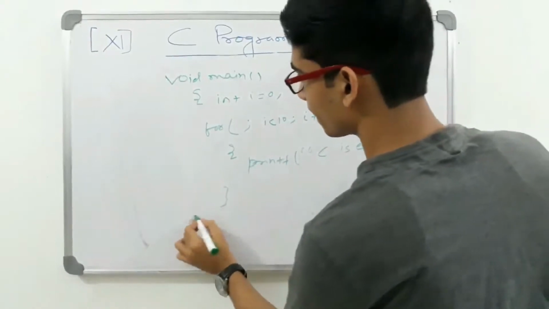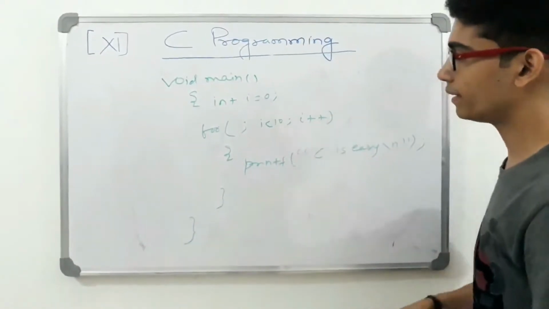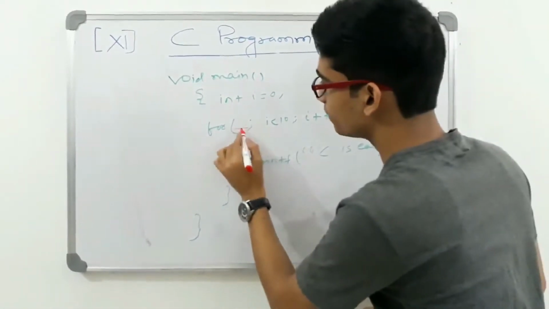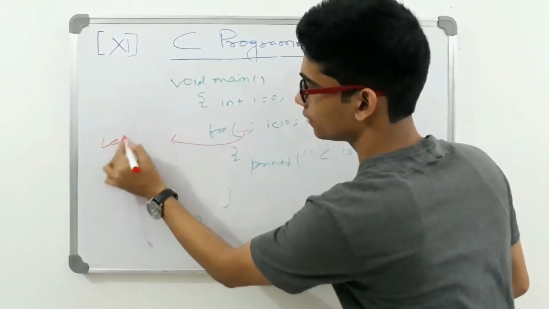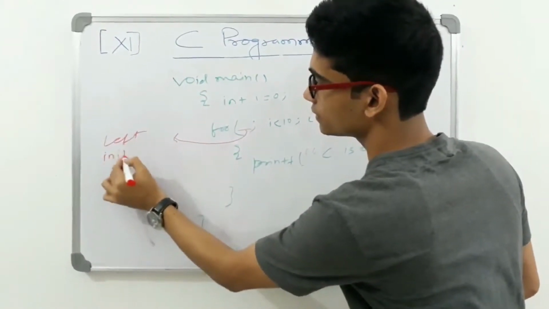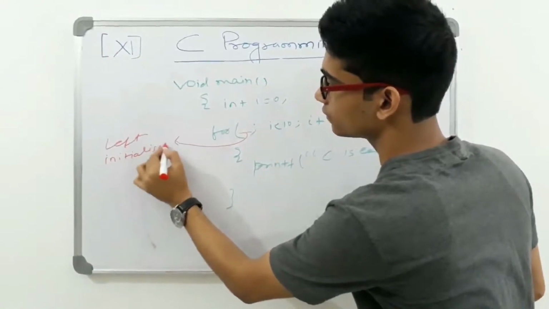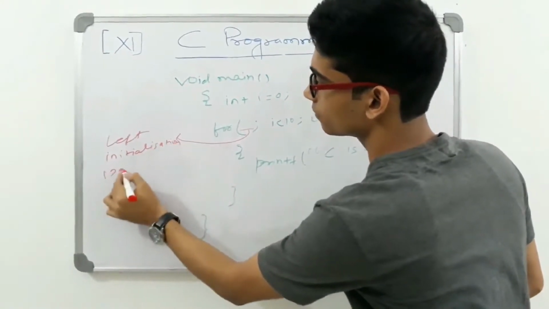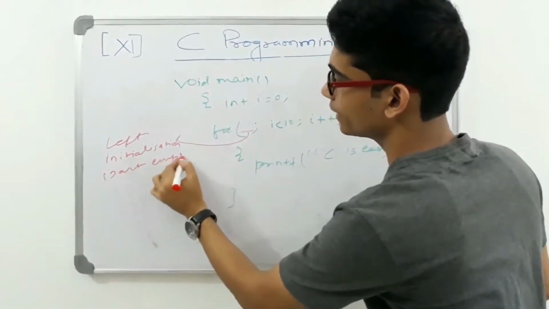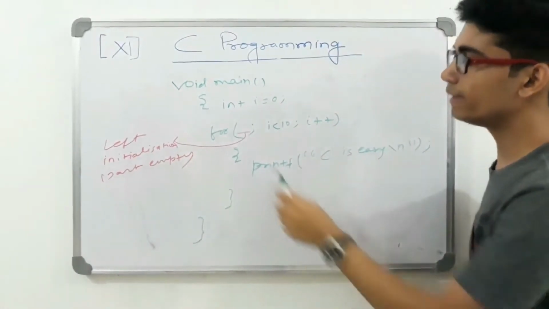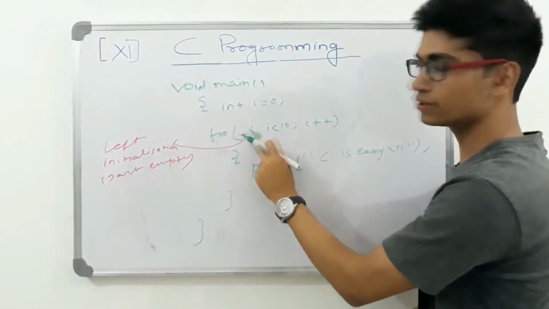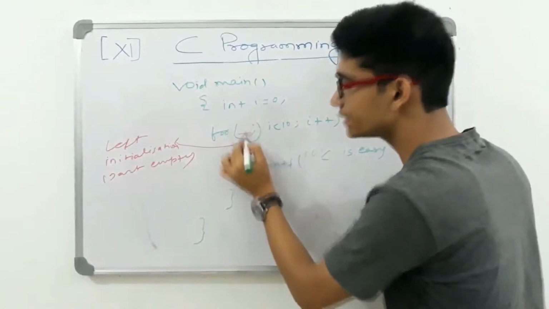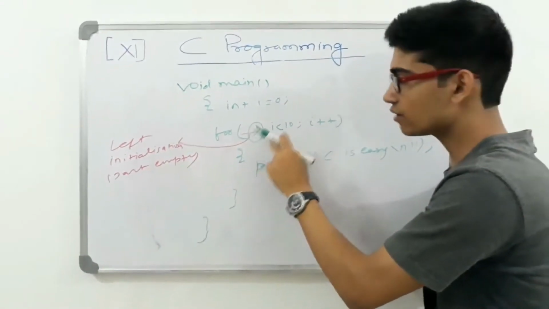See what we have done, we have left the initialization part empty. We can do this. When we leave this blank, the compiler will ignore it, no issue, but we have to have this semicolon. We cannot skip it because this is the structure.